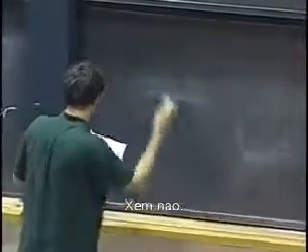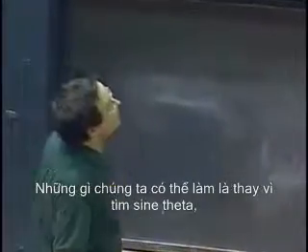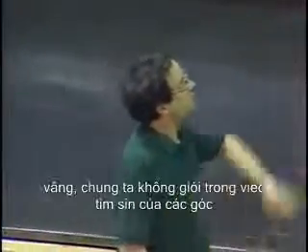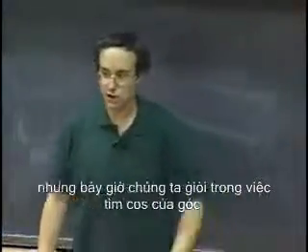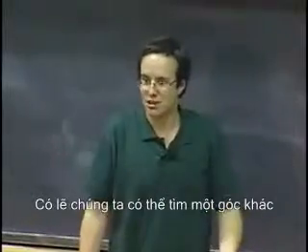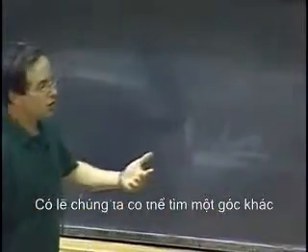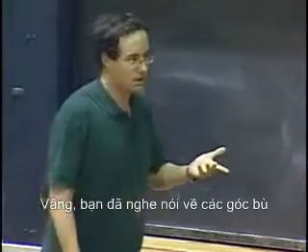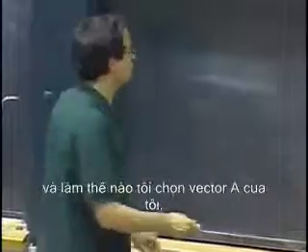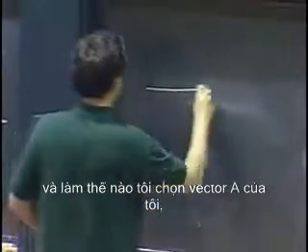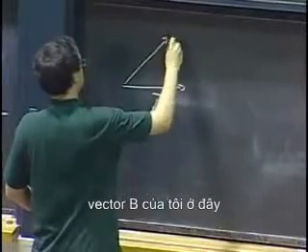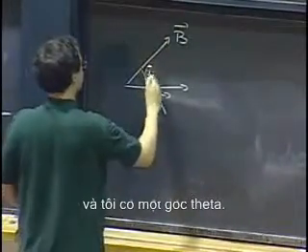So, let's see. What we can do is, instead of finding the sine of theta, well, we're not good at finding sines of angles, but we are very good now at finding cosines of angles. So maybe we can find another angle whose cosine is the same as the sine of theta. Well, you've probably heard about complementary angles. If I take my vector A, I have my vector B here, I have an angle theta.